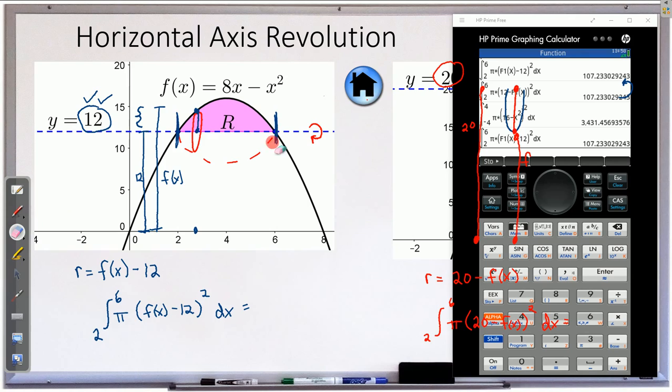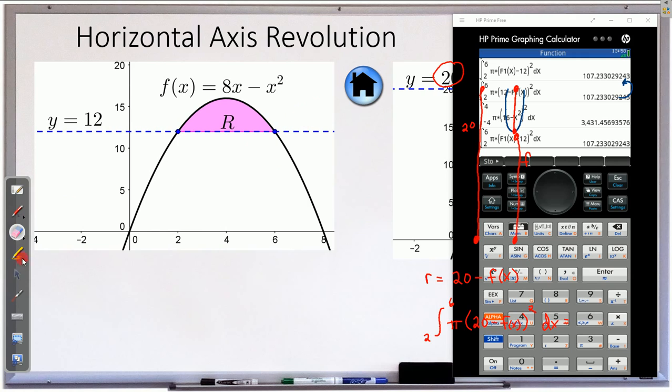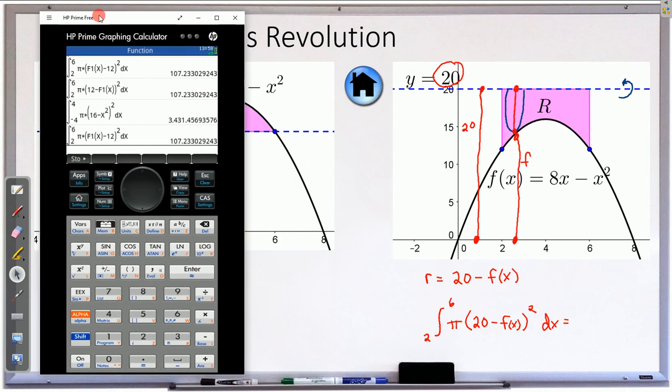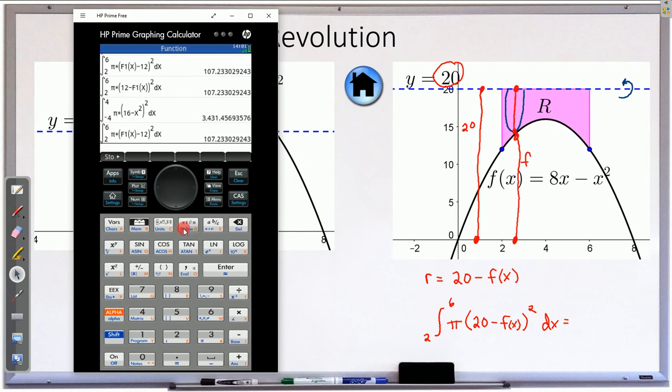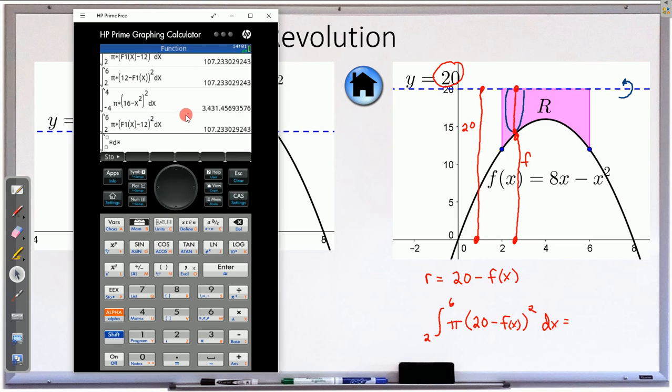I'm going to have to erase a few things here. Here, I'll erase this over on this side and move the calculator over. There we go. So I need the integral from 2 to 6 of pi, don't forget the times, 20 minus f1 at x, and then move out to the correct parenthesis and square it.